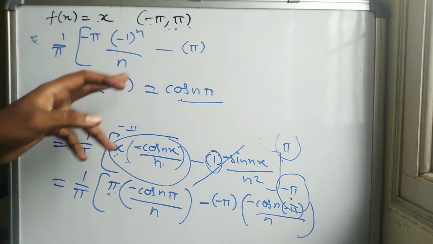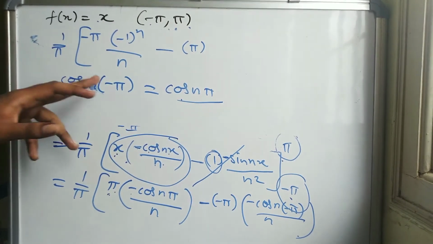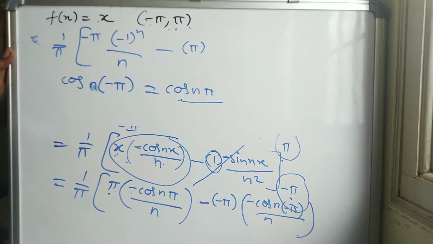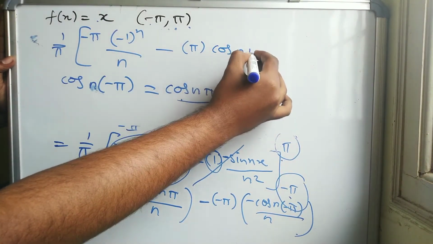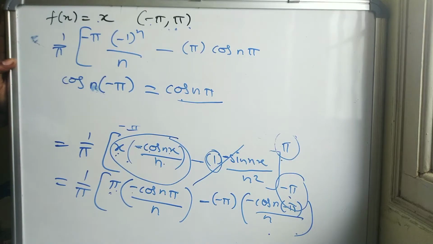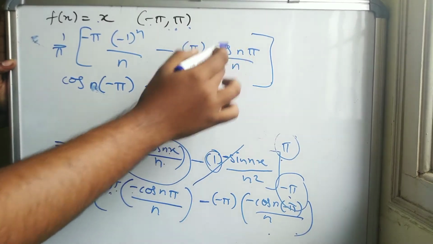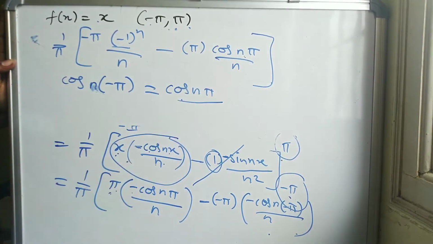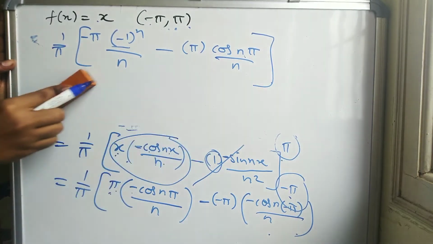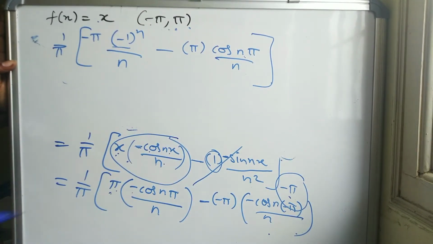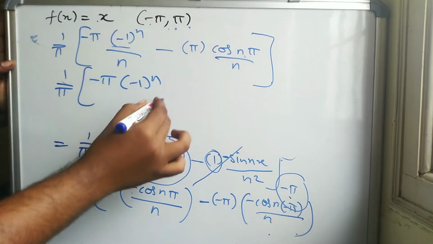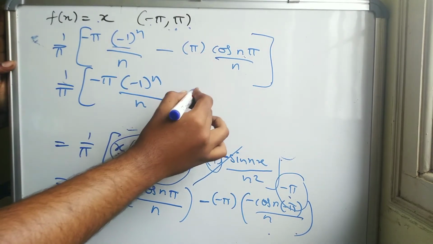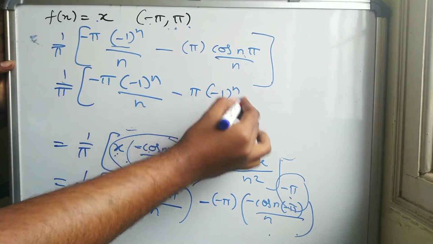So this becomes pi into cos n pi. Now cos n pi we know is minus 1 raised to n, so we replace it with minus 1 raised to n. So this becomes 1 by pi, minus pi minus 1 raised to n by n, minus pi minus 1 raised to n by n.